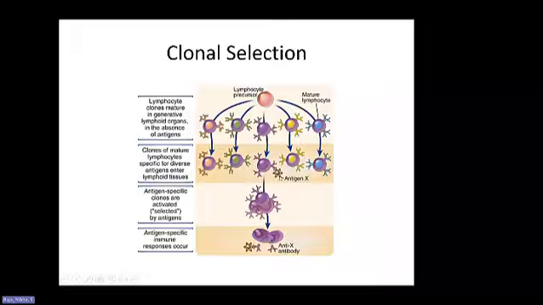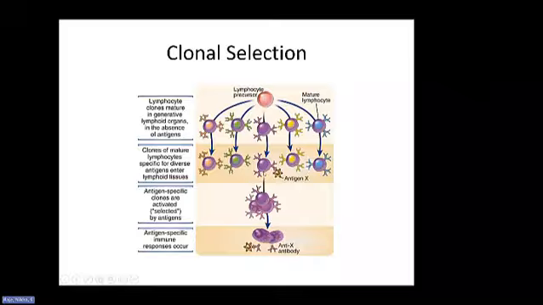If that particular lymphocyte can attach to antigen X, so it's specific to that antigen, then we can say that lymphocyte got activated and is going to proliferate. It's going to produce several lymphocytes with the same specificity. The purple lymphocytes are the ones that are going to be produced. The rest of the lymphocyte types or clones are not going to proliferate.